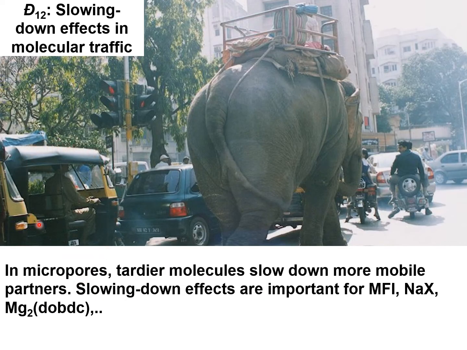The mobility of the more mobile scooter is correlated with the mobility, or lack thereof, of this elephant. And correlation effects quantified by the D12 term in the Maxwell Stefan diffusion equations need to be duly accounted for in describing mixture diffusion in a variety of microporous crystalline materials.